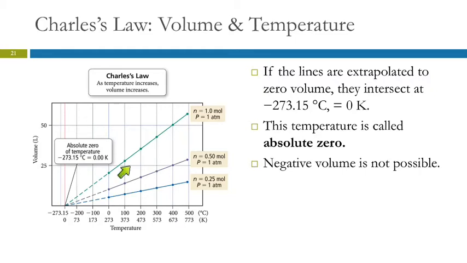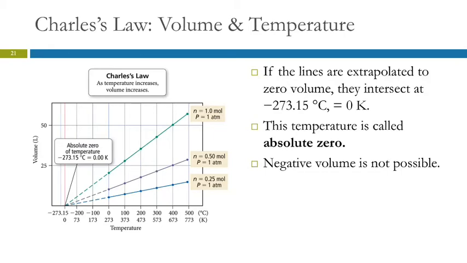What we observe about these lines is that they all intersect at a particular point. They intercept where the volume is 0, and that corresponds to a temperature of minus 273.15 degrees Celsius. That temperature is called absolute 0 and is the basis for the Kelvin scale.